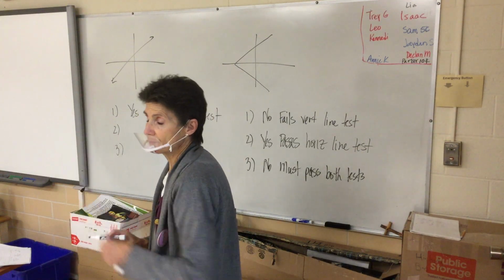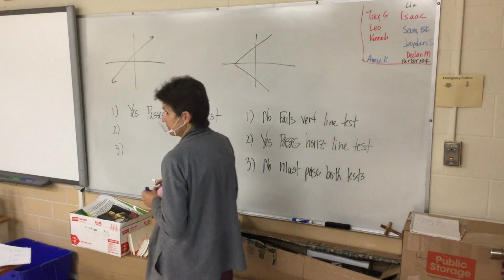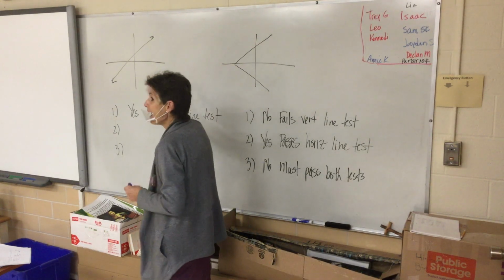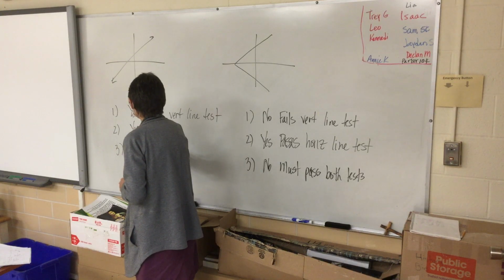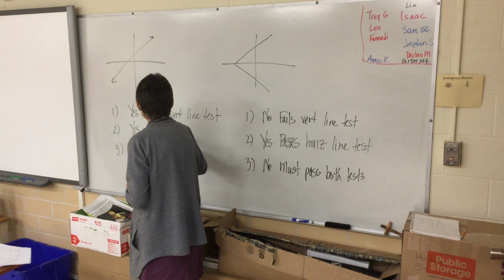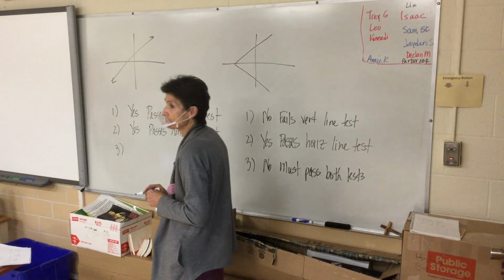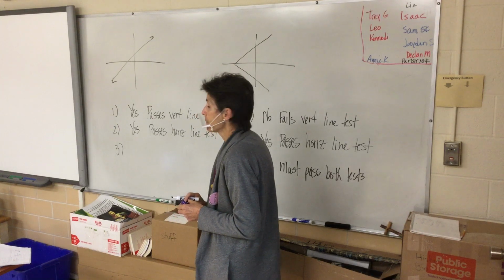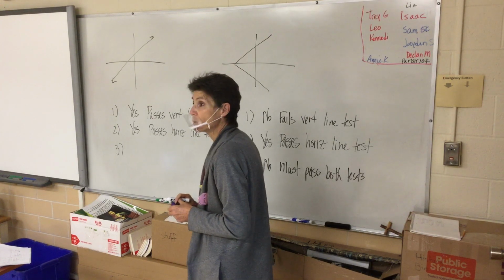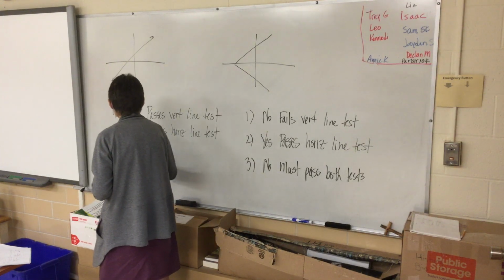Vertical line test. Is its inverse a function? That is the horizontal line test, and it passes that one too. Right? Is it 1-to-1? Yes, because it passes both tests.